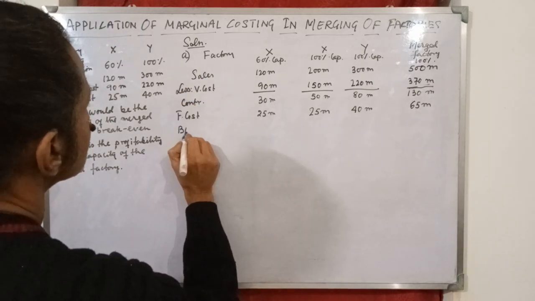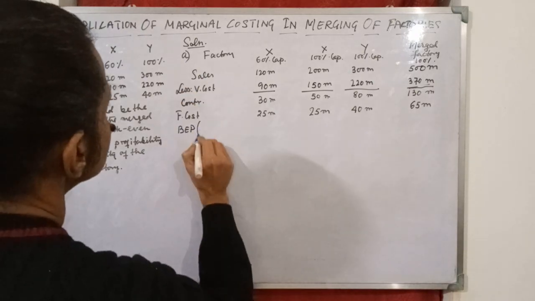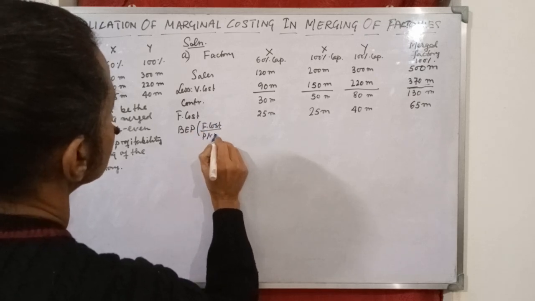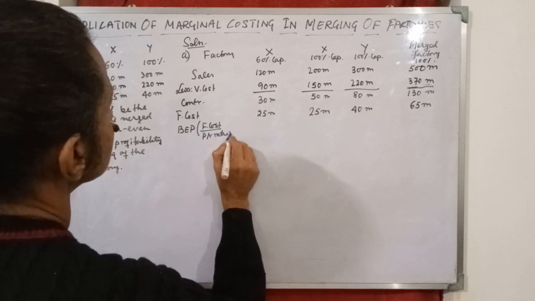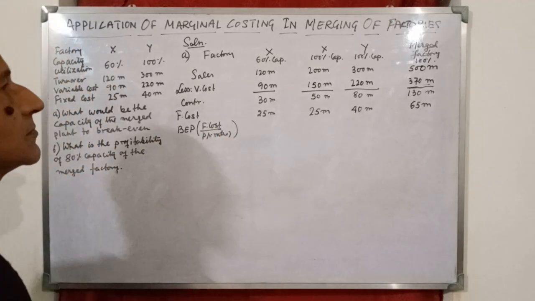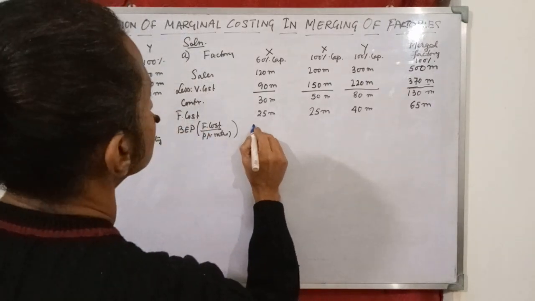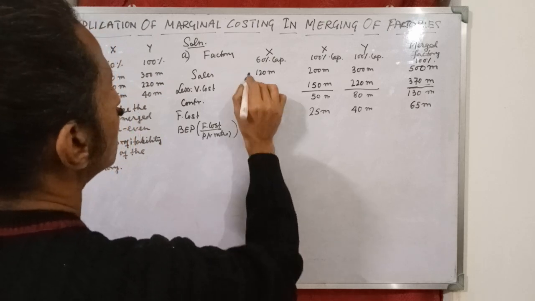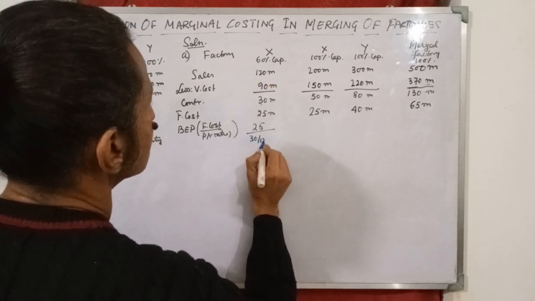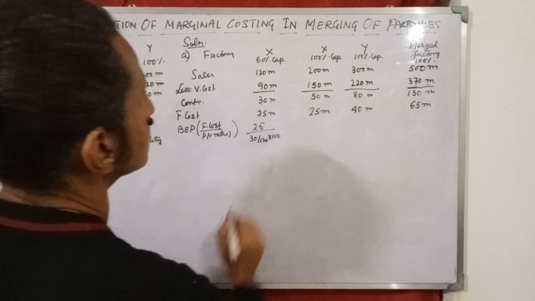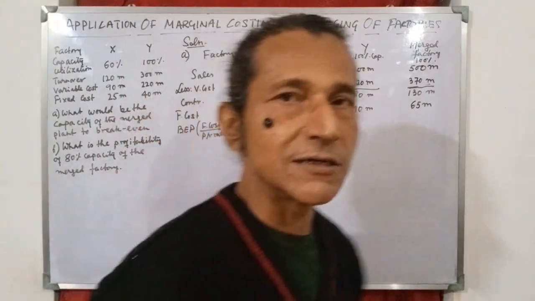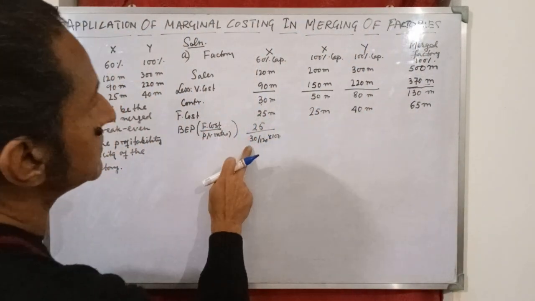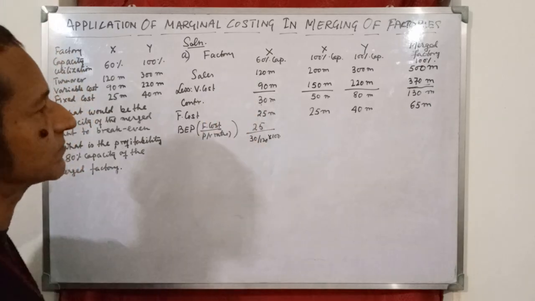So break-even point, that is fixed cost divided by PV ratio. Here we have 25 divided by 30 over 120 into 100, because PV ratio means contribution by sales into 100, and 30 million is contribution, so 30 divided by sales 120 into 100.